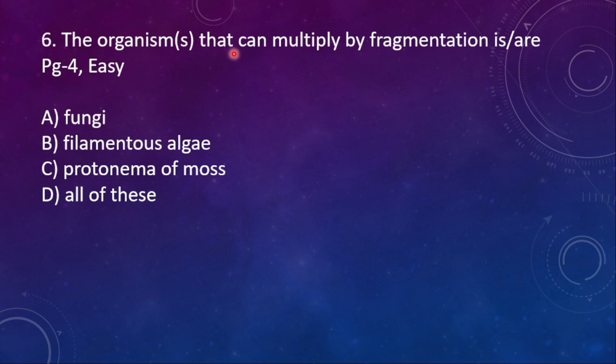The organisms that can multiply by fragmentation are fungi, filamentous algae, protonema of moss, and D is all of these. All of these multiply by fragmentation. Fungi, filamentous algae and protonema of mosses. So the correct answer is D.